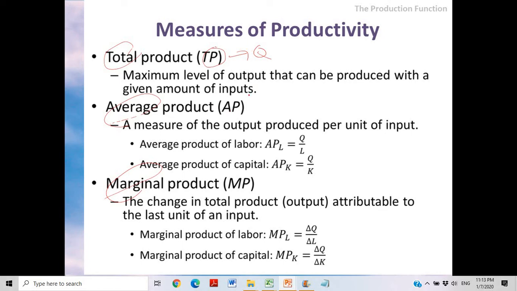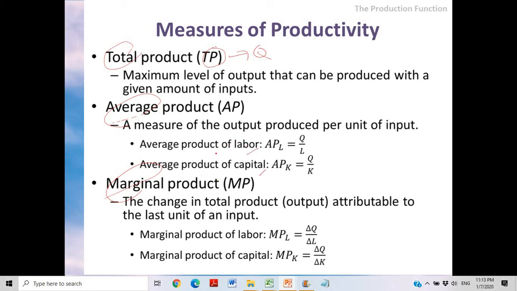Average, do you know what we mean by average? So the total just now, we want to know the production per unit input. We have two kinds of input, labor and capital.